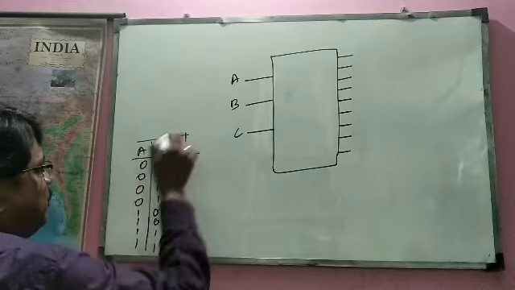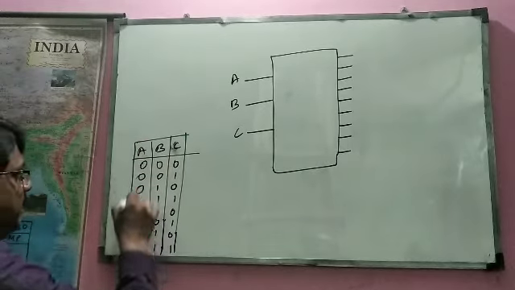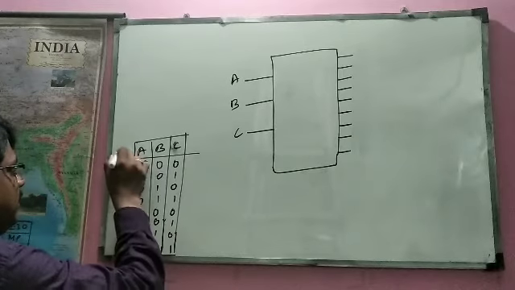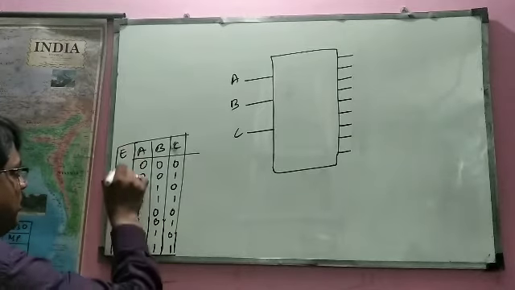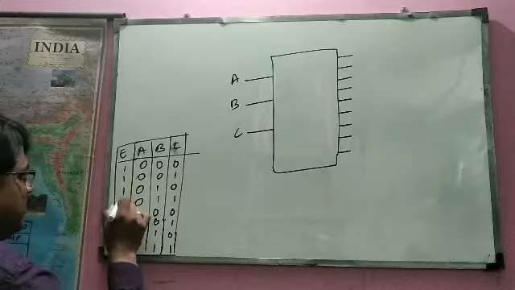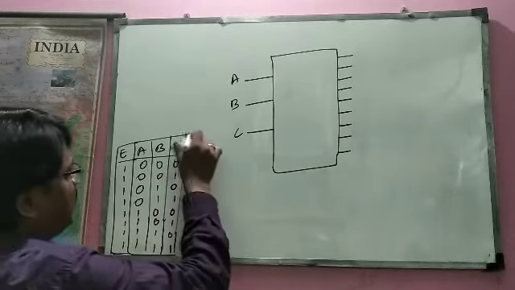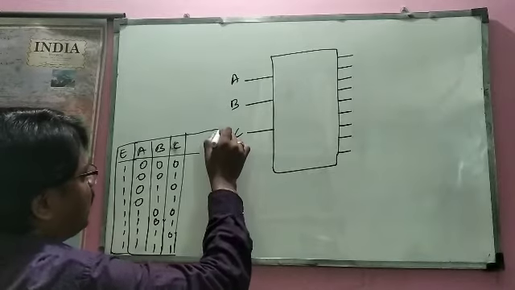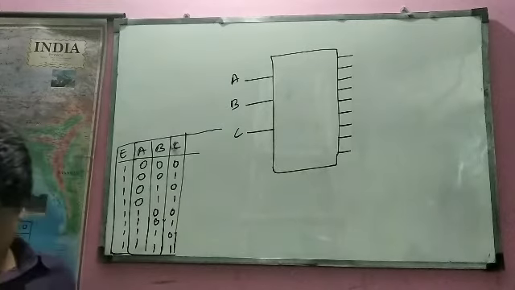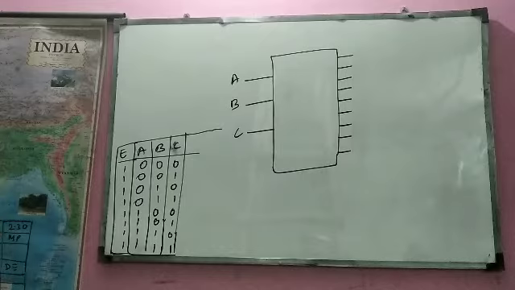So this is the input, and here there will be the enable. This enable will be 1 everywhere, and here will be the outputs. So there are many outputs.